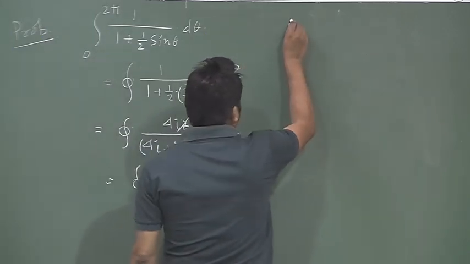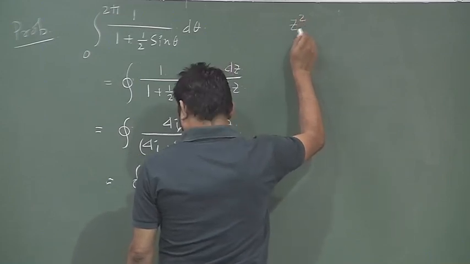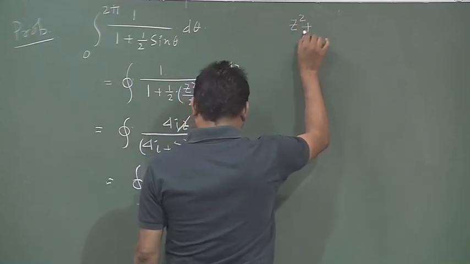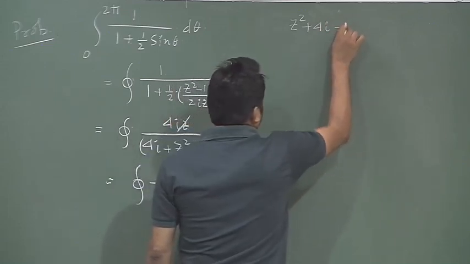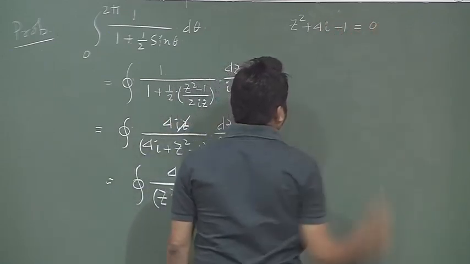So, in order to do that, the residue will be at that point. So, this is a quadratic equation, we just need to solve this quadratic equation, z square plus 4i z minus 1 is equal to 0.